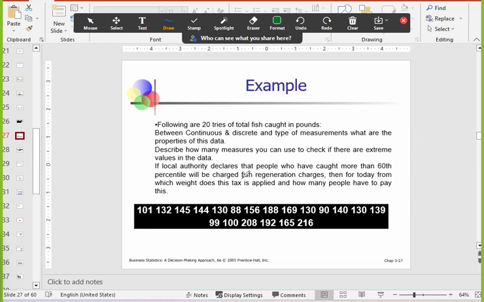Then for today's data, what is the weight beyond which the tax is applied? Means you need to find the 60th percentile weight, so that if the fish has a weight bigger than this, you will have to pay the tax, and if it is smaller, you will not have to pay the tax.